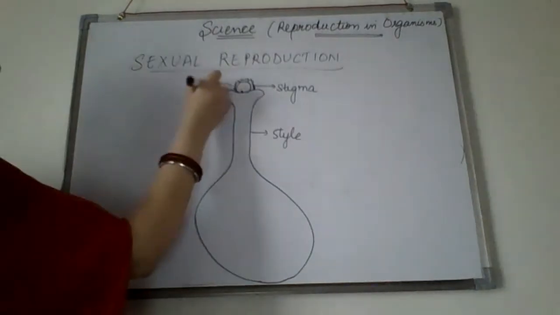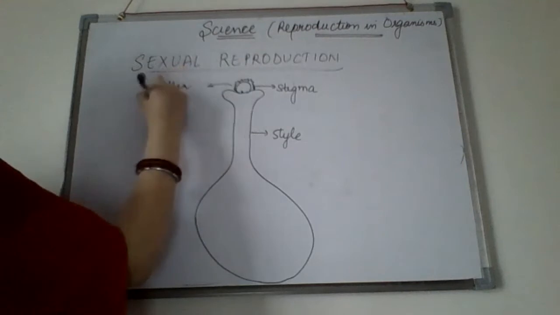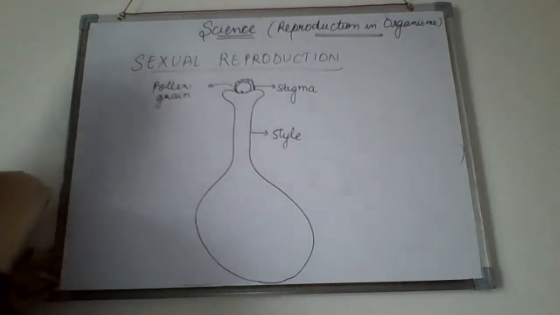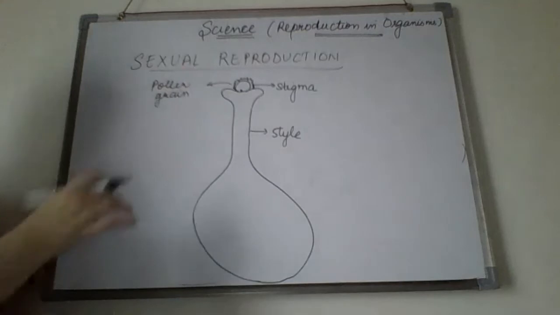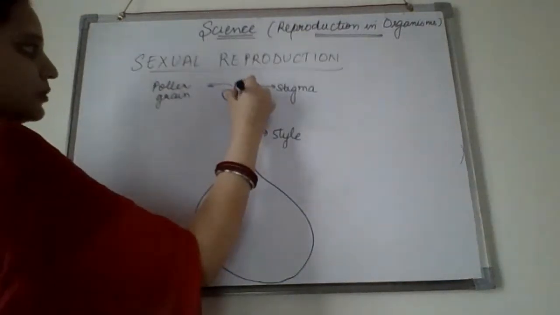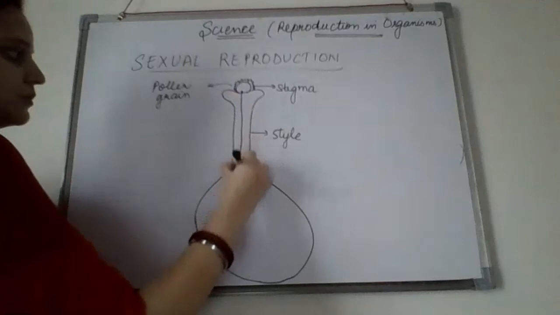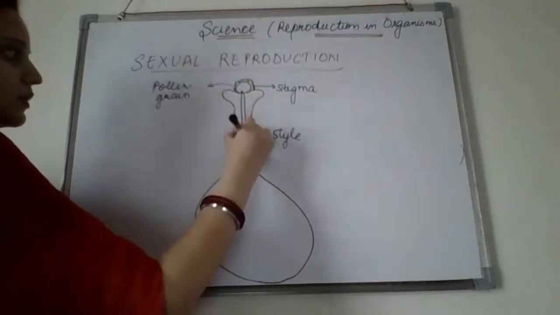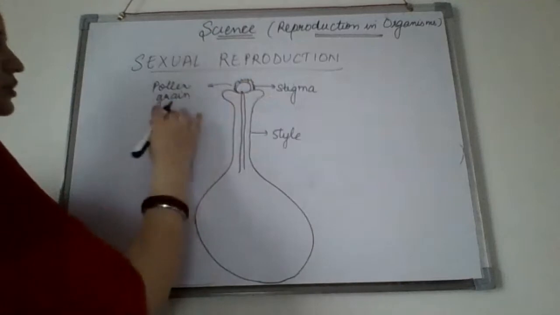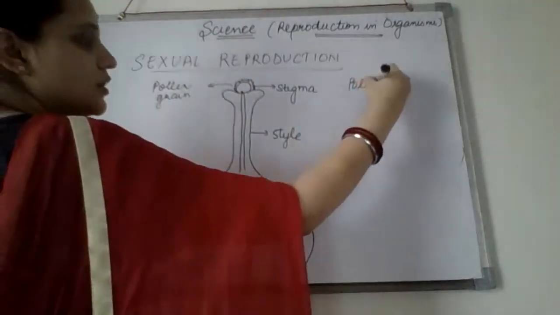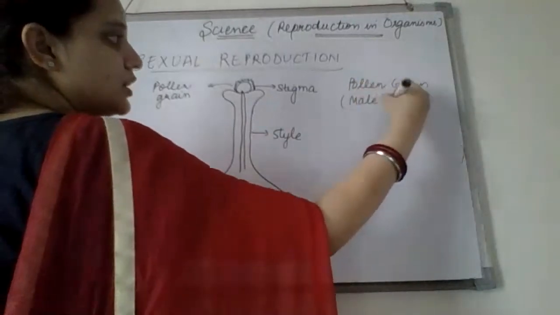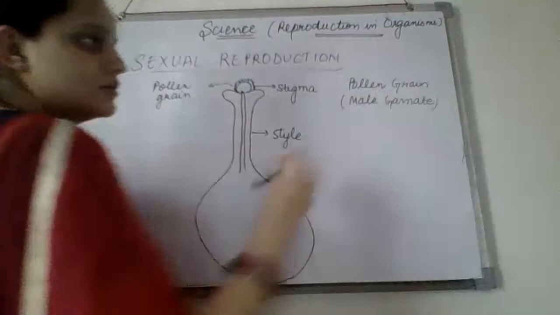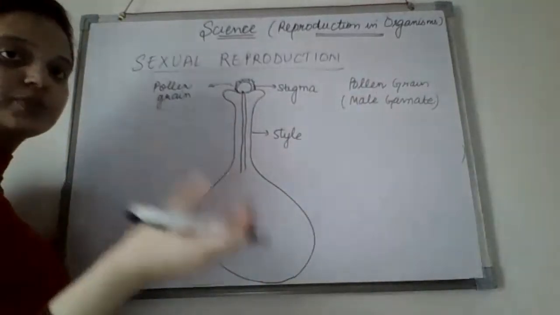So this is the pollen grain that we get after the pollination process. Now this pollen grain will start forming a pollen tube. And as I have told you, pollen grains contain the male gametes, the male reproductive cells, the cells that are going to reproduce.